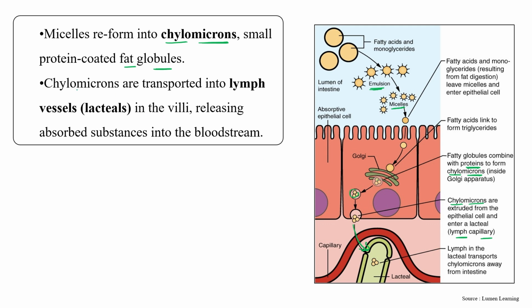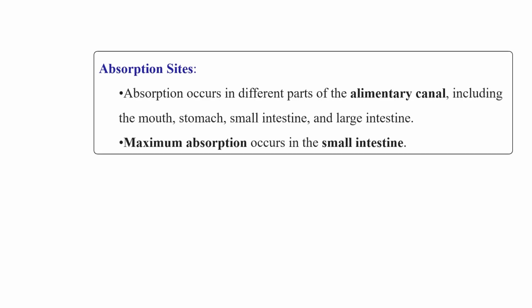That's why it is written over here. Initially, this micelle reforms itself into the chylomicron. In the conversion, a small protein covering comes around this fat globule. Now, these chylomicrons are transported into the lymph vessel in the villi, releasing absorbed substances into the bloodstream.